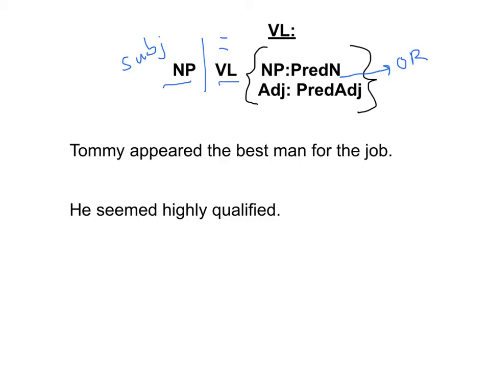Okay? So you're either going to have a noun phrase, and that noun phrase, when it's behind a linking verb, is called a predicate noun. So if I was going to write this out full, this would be a predicate noun. When I have an adjective after a linking verb, we call that a predicate adjective.